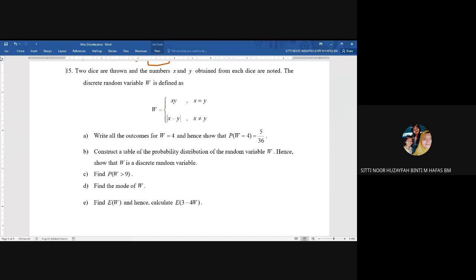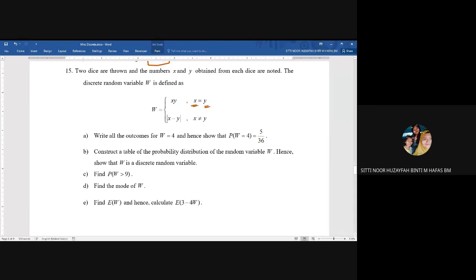The discrete random variable w is defined as follows. If x is equal to y, meaning we have the same number on the first die and the second die, then we just multiply the values. And if it's not the same, then we have to find the difference between these two numbers on the dice.